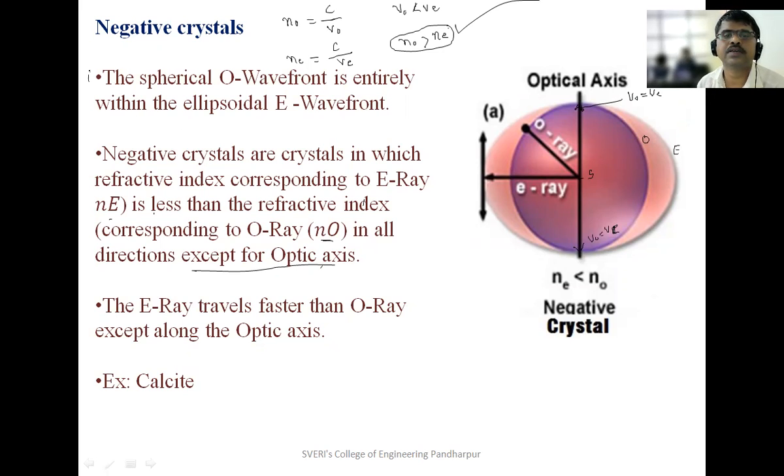Point number 1. Okay. Then second point is relation between refractive index of ordinary ray and extraordinary ray. This n0 is greater than ne.